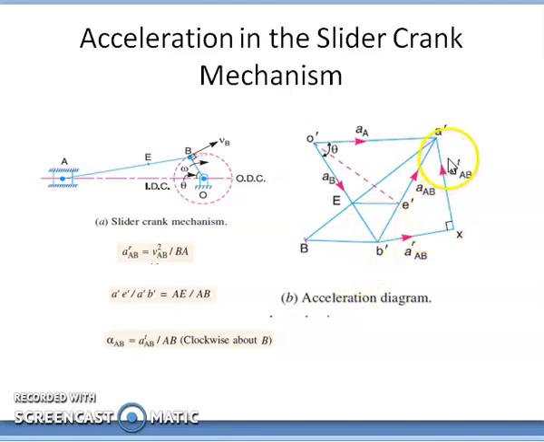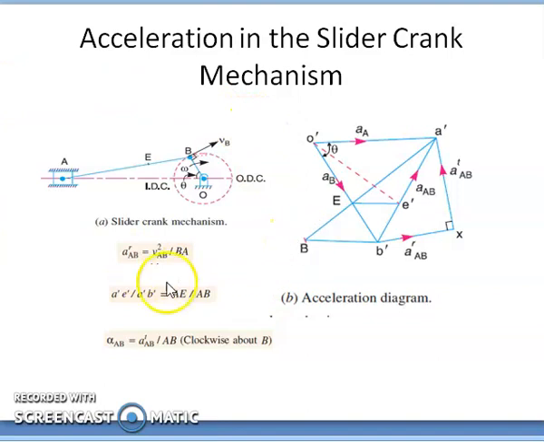You can see the resultant will be acting opposite in direction, so you have to take the closing side but opposite in direction. It will be directed from B to A. So this is the acceleration of A vector with respect to B vector. This is how you have to draw the acceleration diagram.